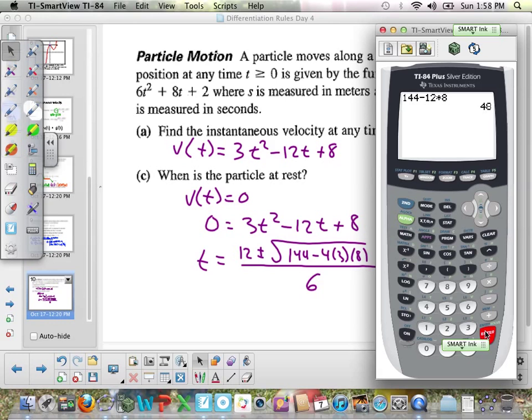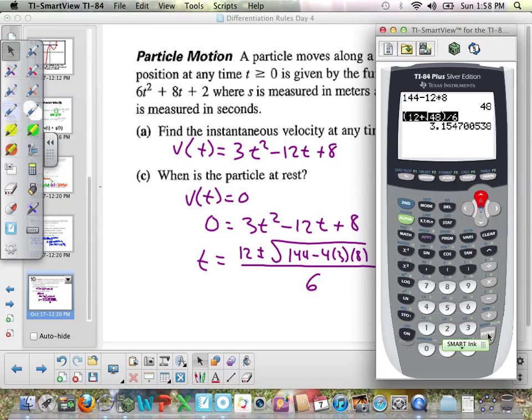So we'll have 12 plus the square root of 48 over 6 for 3.155 seconds.